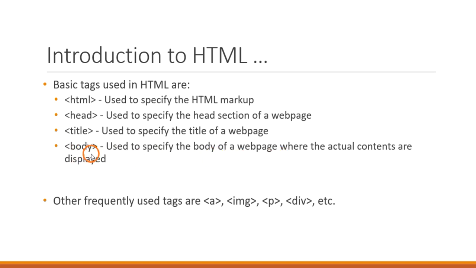Inside this body tag, the other tags that we will use are: the a tag along with the href attribute, used to display hyperlinks; the img tag for displaying images; the p tag for displaying paragraphs; and the div tag, used to display divisions. If you want to divide your web page into logical sections, we use this div tag. Div means division, right?